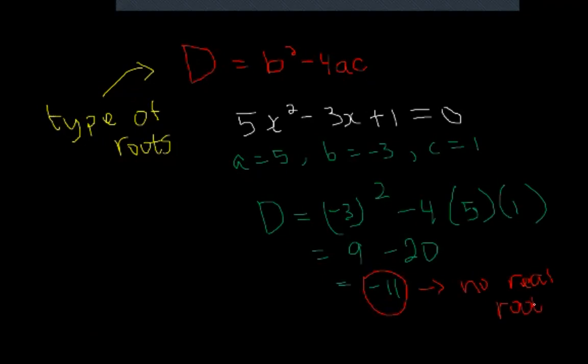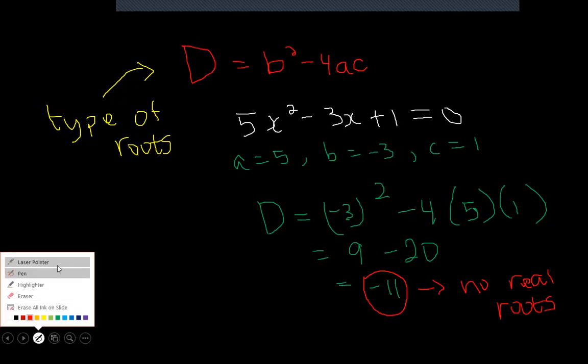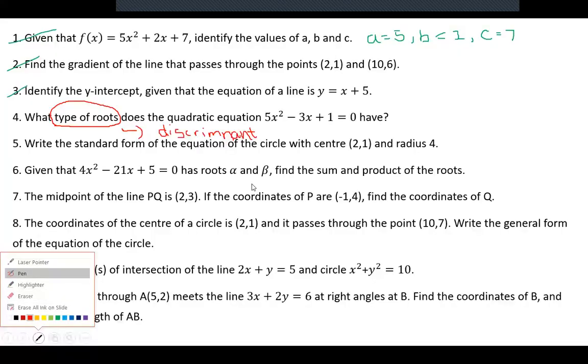So this is the answer: it has no real roots, and the parabola will not touch the x-axis. When the discriminant is positive, it has two real roots. If it's 0, it has real and repeated roots. If you need to review, Google Classroom.